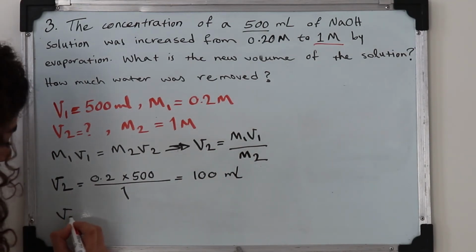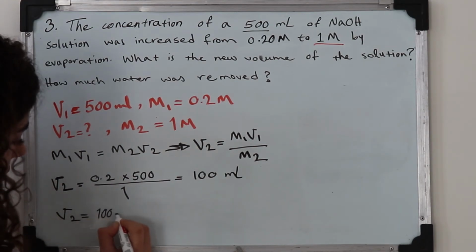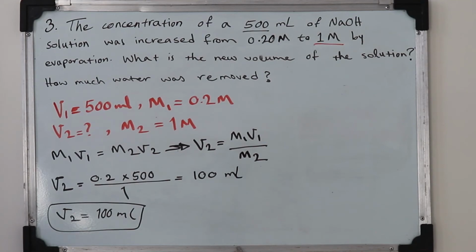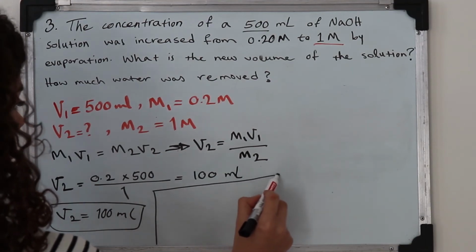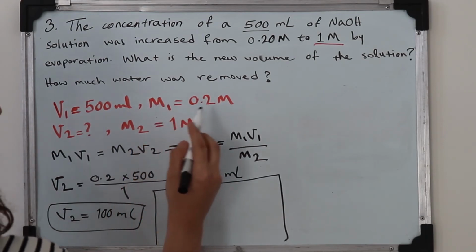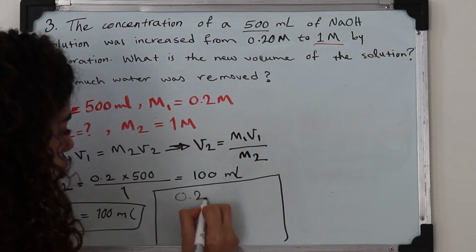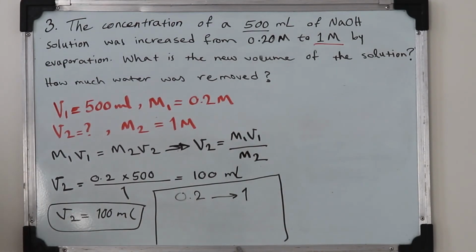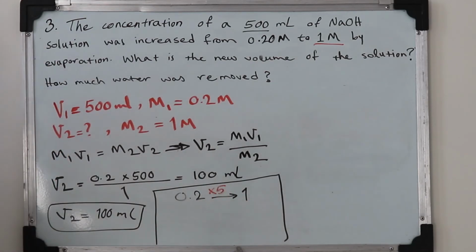So V2 is equal to 100 milliliter, and it is our answer for part 1. Here, if you want to use the other way, we can consider that the concentration increased from 0.2 to 1 M, okay? So it multiplies by a factor of 5 here.